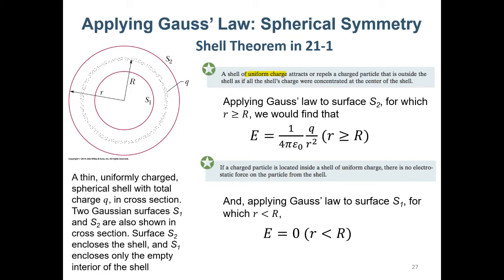For the Gauss law, you only consider the total charge enclosed. So if you have a sphere which has charge uniformly distributed, and you imagine a Gaussian surface with a larger radius, this radius is small r.